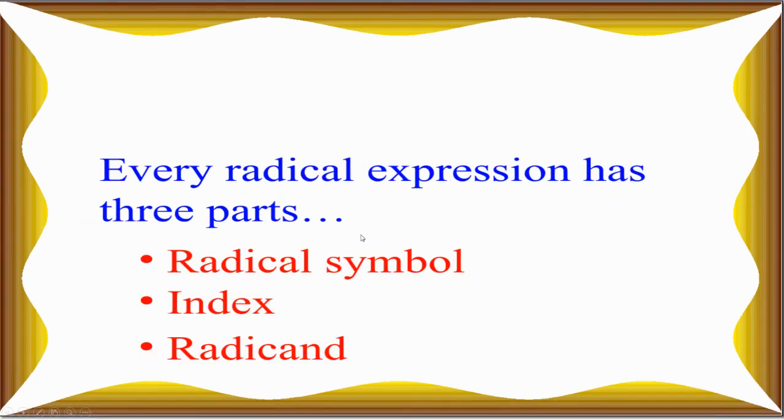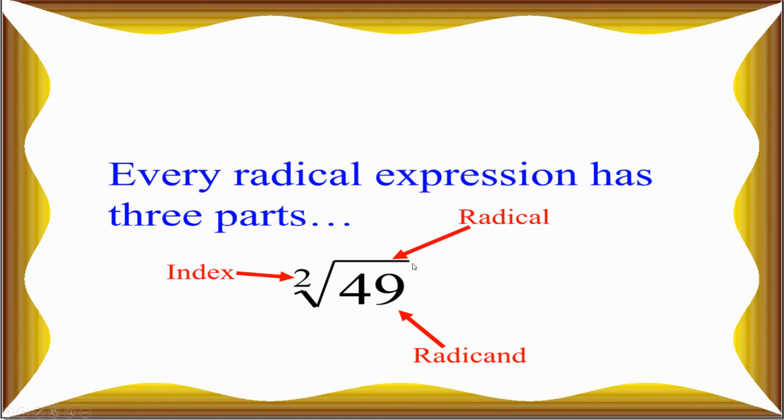Every radical expression has 3 parts: radical symbol, index, and radicand. Very good. So, square root of 49. As you can remember, this is what you call the radical, the division with a tail. This is what you call the index.